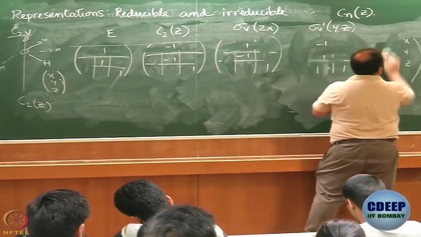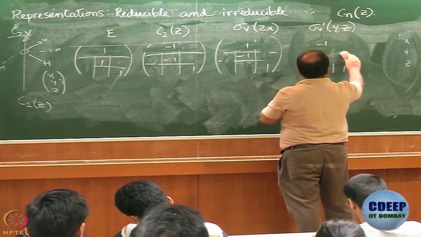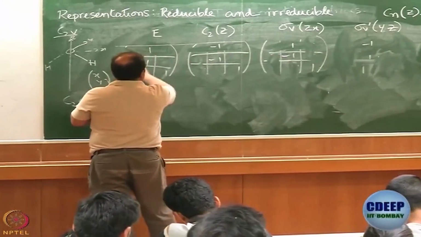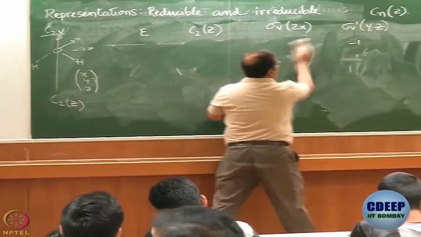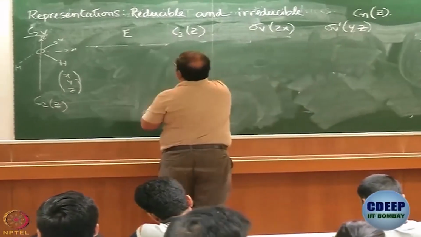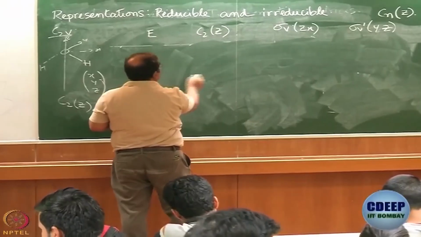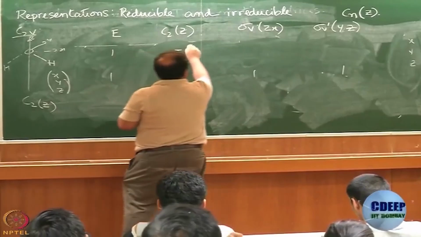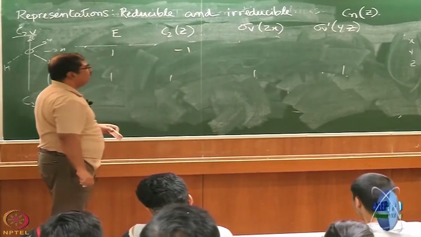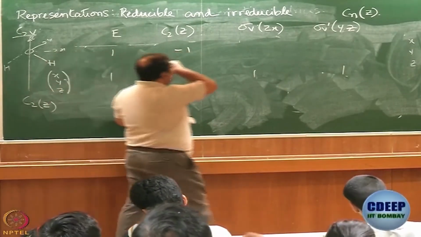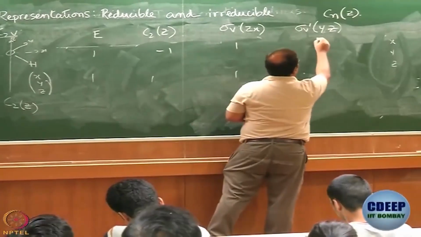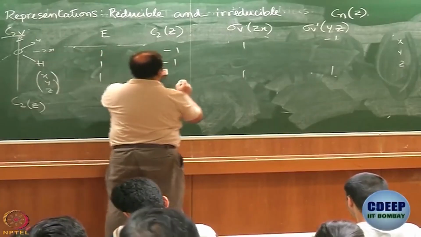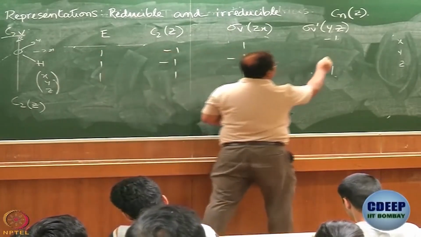For y, it is... for z I remember it is 1, 1, 1, 1. For x it is 1 minus... what? Oh, 1 minus 1? Oh, I did not realize you are trying to help me, sorry, thanks. 1, minus 1, minus 1, 1, excellent.